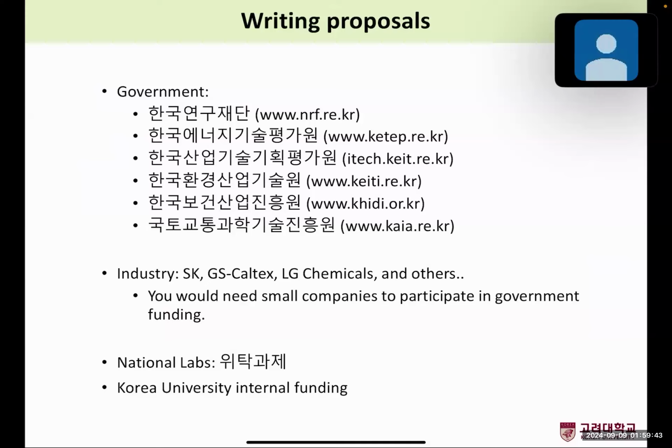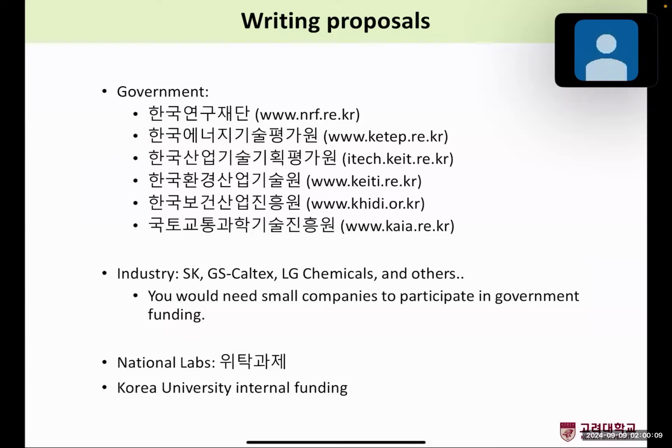All right, so next I'd like to move on to writing proposals, because if you want to perform an experiment, if you want to do a project, then you first need to write proposals and then you get the research fundings. 이거는 사실 이제 여러분들 그 프로포절 준비하는데도 이제 어떻게 보면 좀 도움이 될 수 있도록 이제 준비를 좀 했고요.